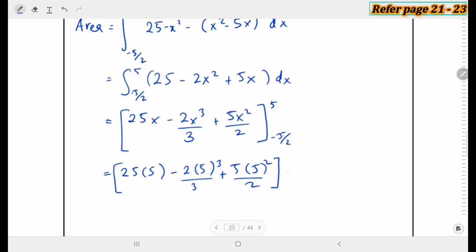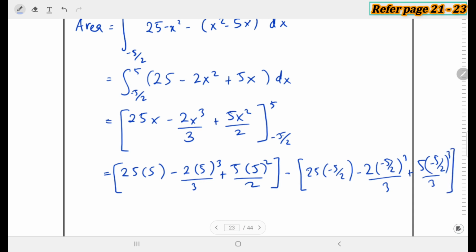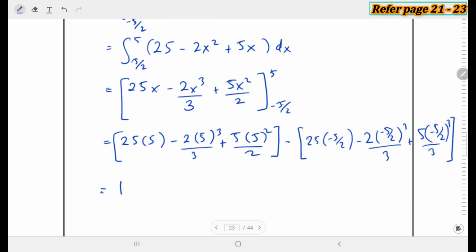Then just use your calculator to find the final answer. 25 times negative 5 over 2, minus 2 times negative 5 over 2 cubed over 3, plus 5 times negative 5 over 2 squared over 2. One mark for this step, and the final answer is 145 over 8 units squared.